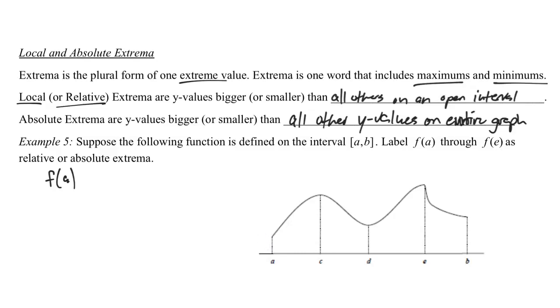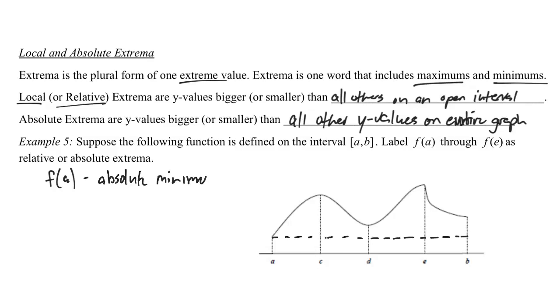Now, can I call it absolute? Well, I can if it is the smallest point on the entire graph. If I were to draw a little horizontal dashed line across here, is that the smallest point on the entire graph? Hopefully you would say it is. And so this is called an absolute minimum.